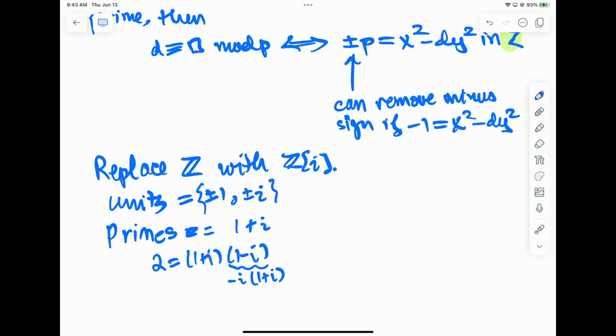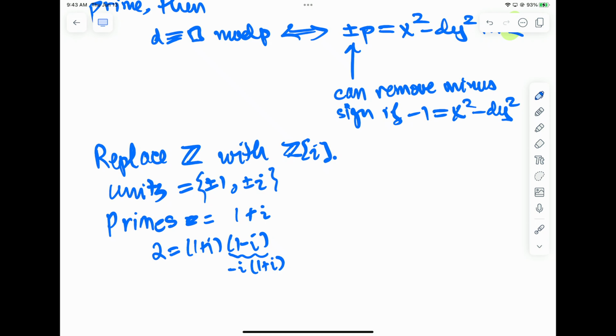You can check that if you multiply them out, you get 1 − i. So 2, up to a unit, is almost like the square of a prime. So up to units, it's just one prime factor of 2.